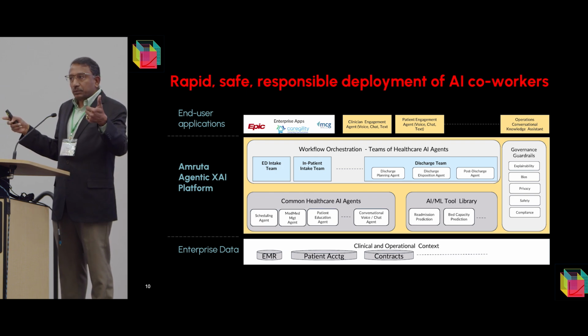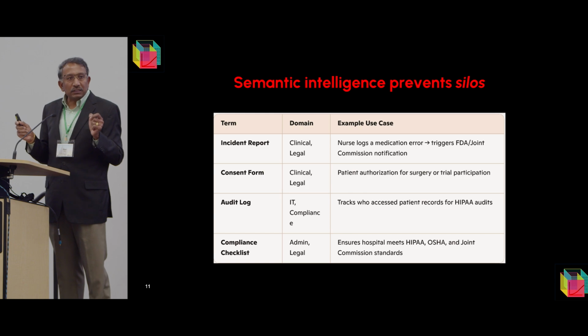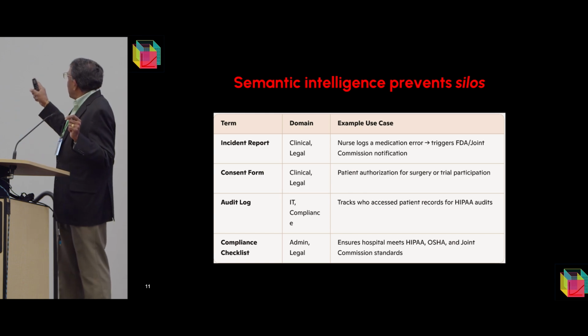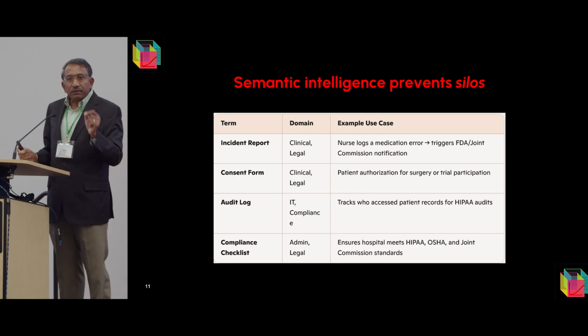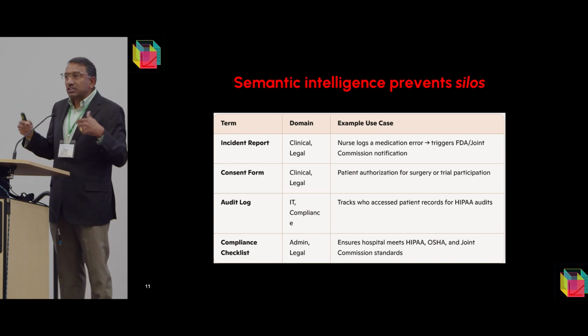Again, we talked about explainability, governance. They will definitely help, but one other thing was missing, the semantic intelligence. In other words, if a clinician talks about an adverse event, that is the same as an incident report from a compliance point of view, right? So we need to map.